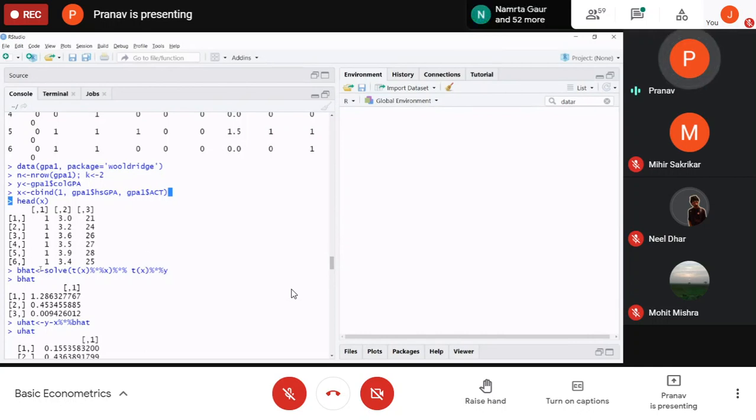Now you see here, I have done nothing; I have simply written the formula for the OLS estimator, which is X transpose X inverse, X transpose Y. Are you with me here?